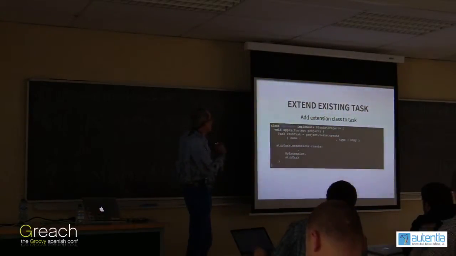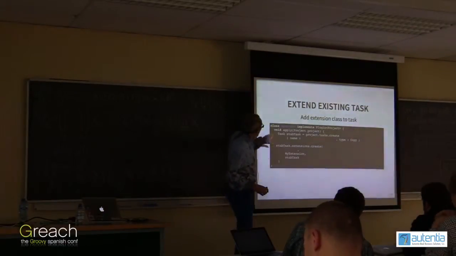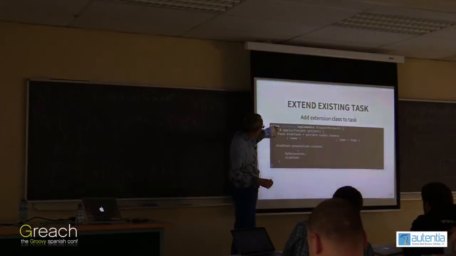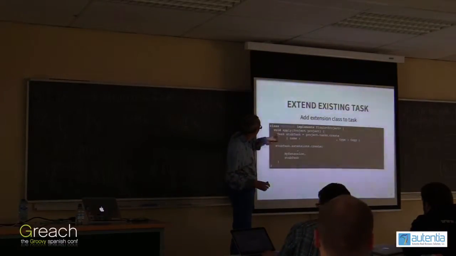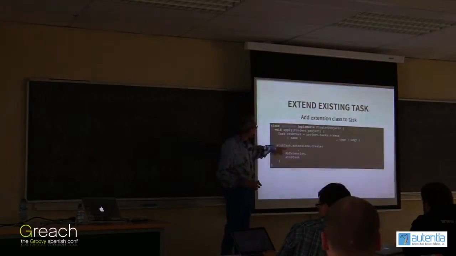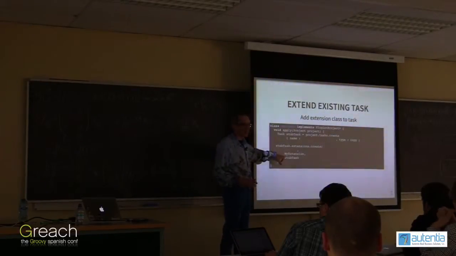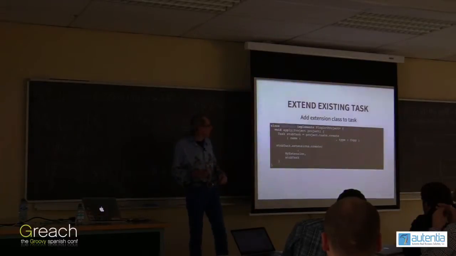The first thing I want to do is add my extension to the task. I have a task that I created from a previous example. On that task, I call extensions and create an extension, and I give it a name. We'll call it JRuby. That points to my class, which is my extension, and the task is the only value I pass into the constructor.